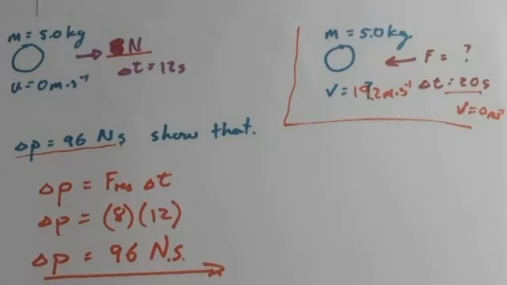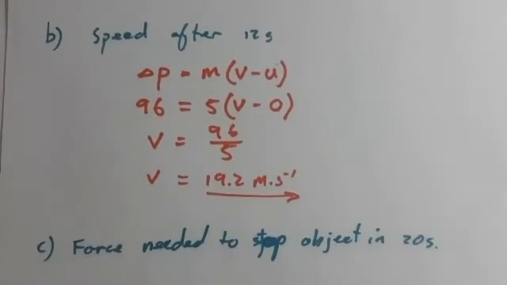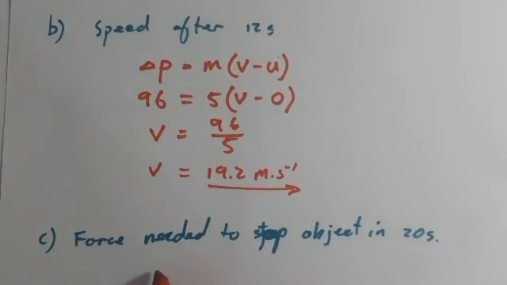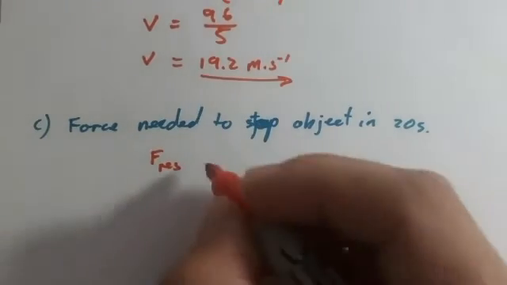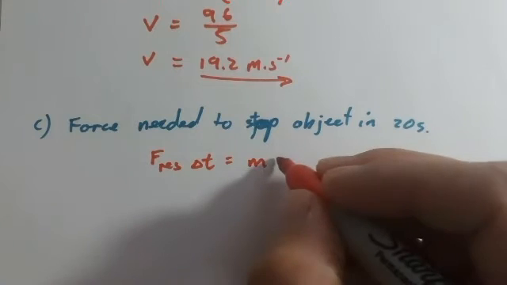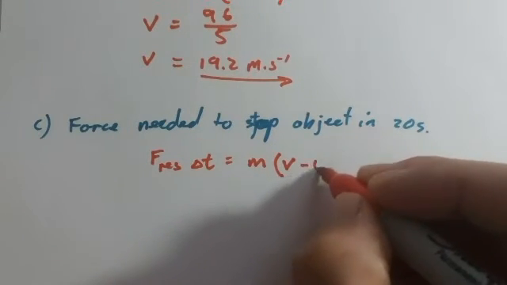So let's see, can we calculate this? And now we're going to do the expansion of this formula. What do I mean? I mean, F res times delta t is my change in momentum. That means m(v minus u).